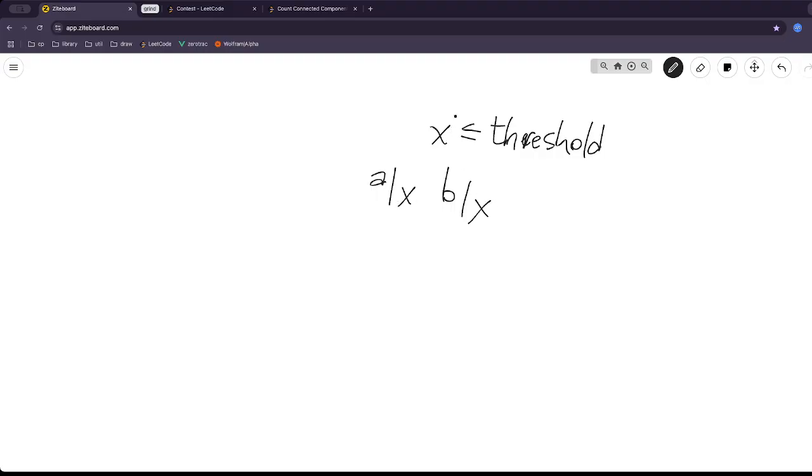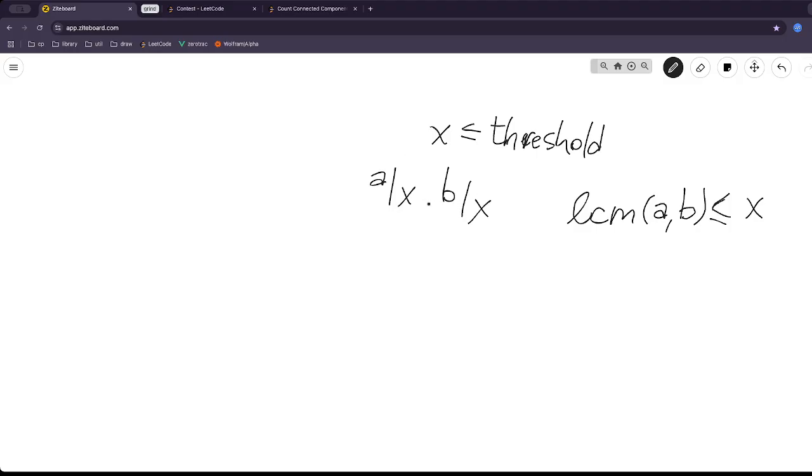So if both numbers divide this x, then the LCM of a and b must be less than or equal to x, right? Because x is a multiple of both of them, and the LCM is the least common multiple, right? So this is pretty clear.